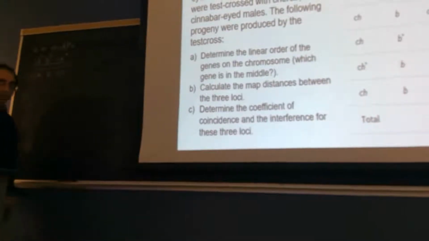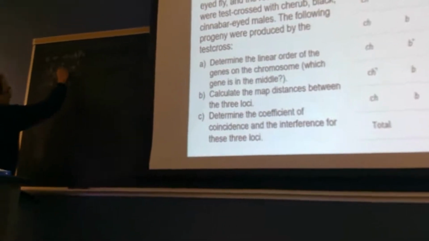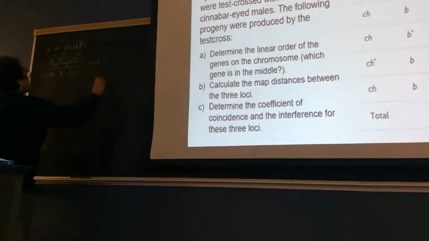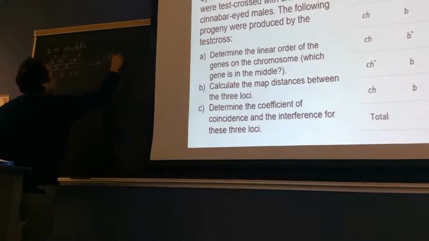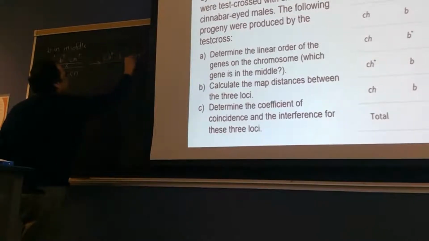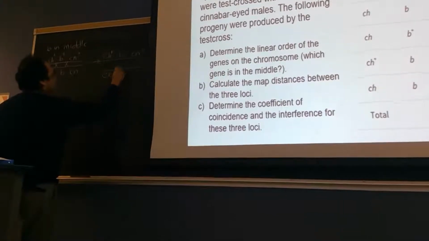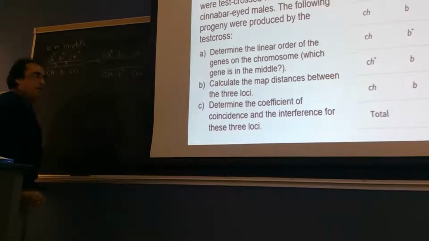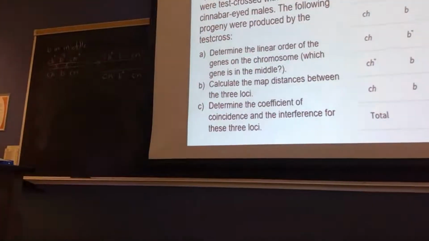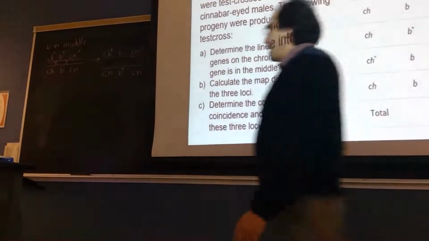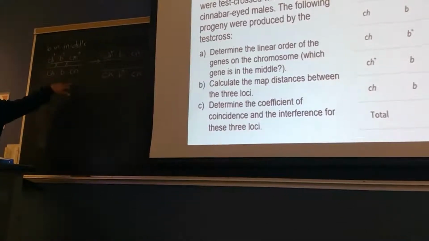Now, what is the double crossover after this? Here is one crossover, here is one crossover. It will result in CH plus, B, CN plus, and another one will be CH, B plus, CN. Does it match with that one? CH, B, CN plus? No. So that means this one is not correct, but I have to show that.